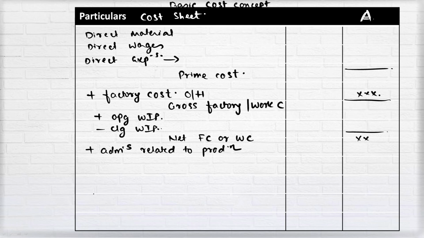That is the research done by one person on pencil A. This research might not be done in factory, but it is related to production. It will be added to administration cost related to production. I will add it, and what I will be getting is cost of production.